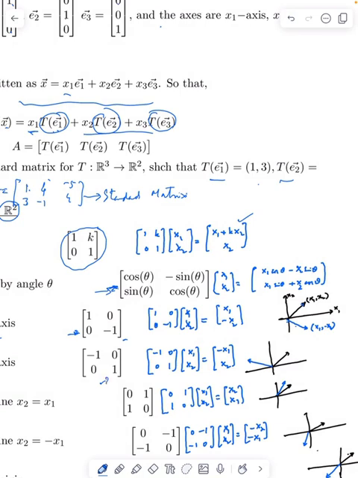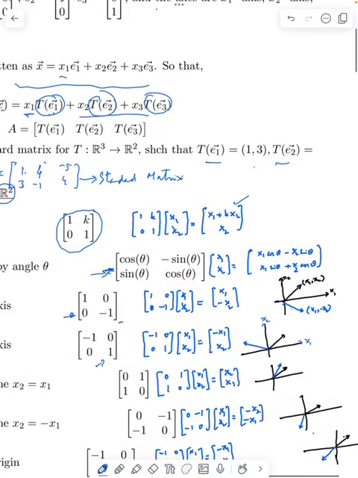Then this one reflects the vector about the x2 axis. So you can see this is x2, this is x1. Now what does this do? It switches x1 and x2.